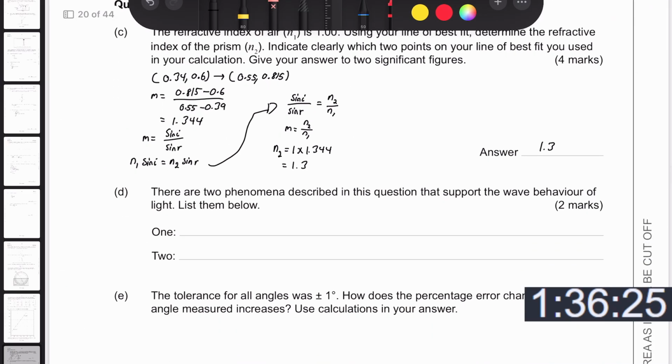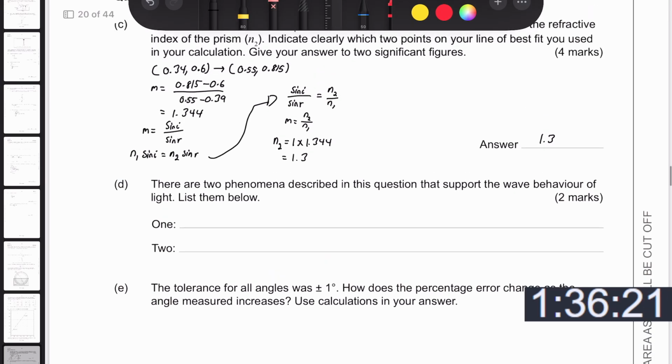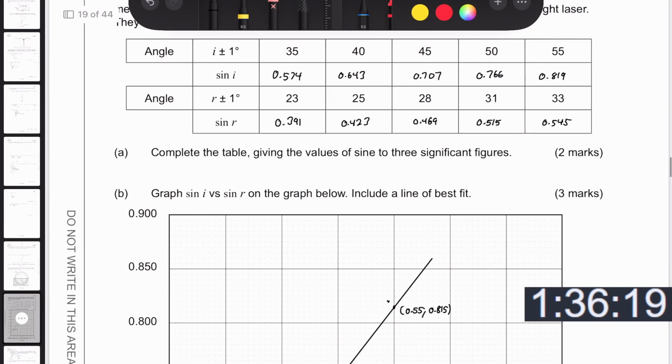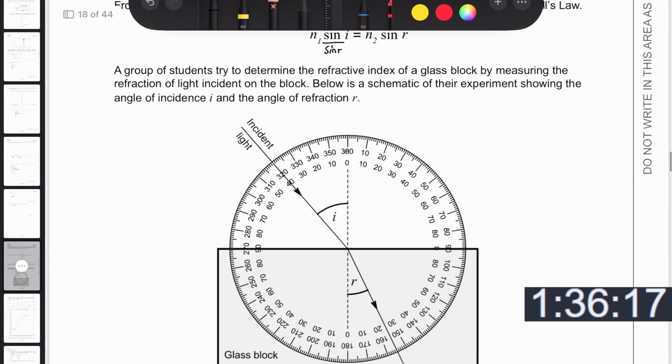Okay. There are two phenomena described in this equation that support the wave behavior of light. List them below. One is refraction.